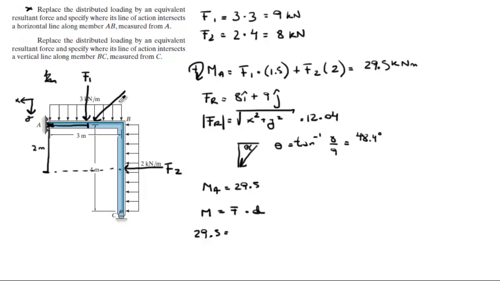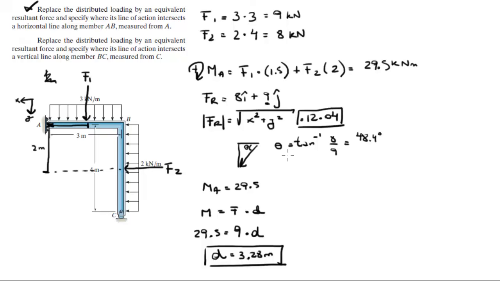However, the horizontal component creates absolutely no moment because it aims directly at A. So all we have to use is the vertical component, which is 9 because it's the Y component, times the distance. So D comes out to be 3.28 meters. And that is for the first one. So this is the resultant force, the equivalent magnitude, and it's applied 3.28 meters away because it's applied diagonally.